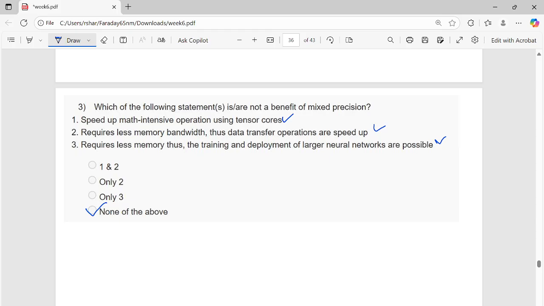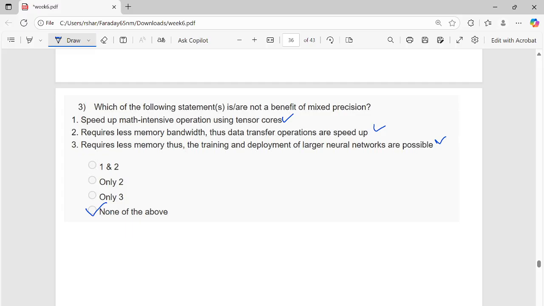Speeding up math-intensive operations using tensor cores is true because mixed precision allows deep learning models to use specialized hardware units like NVIDIA's tensor cores, which are optimized for float 16 operations, significantly improving computational speed for matrix multiplication and other math-heavy tasks. Next, it requires less memory bandwidth, thus data transfer operations are sped up. This is also true because float 16 uses half the size of float 32, meaning less data needs to be transferred between memory and compute nodes.